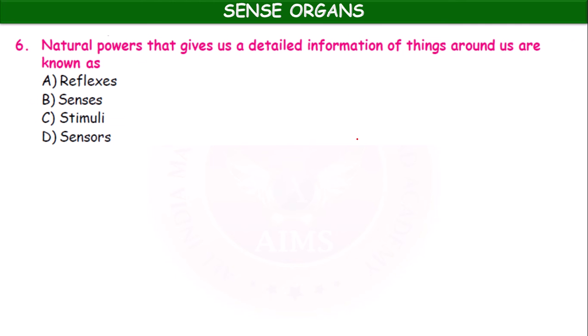The natural powers that give us detailed information of things around us are known as reflexes, senses, stimuli, sensors. Which one? These are the senses which give the detailed information of the things around us.